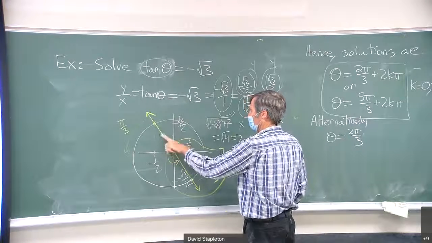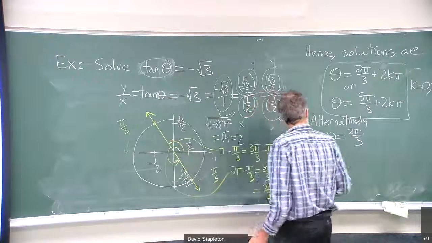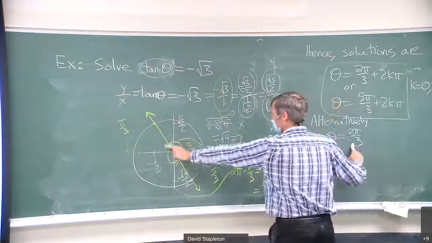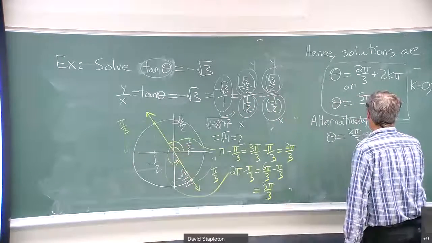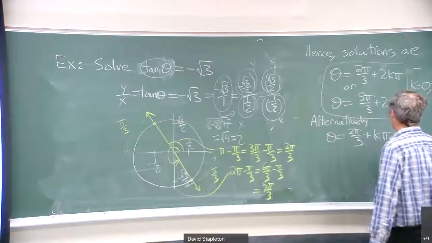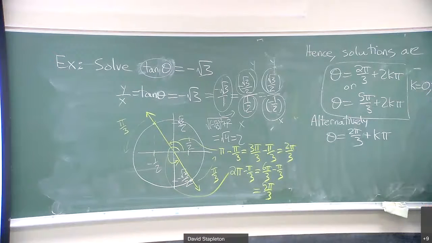I can also go backwards, right? Half rotation, half rotation. So it's 2 pi over 3, the first one of the two. You don't even need the second one. Plus k half rotations. K times pi is a half rotation. And that's it. K equals any integer.